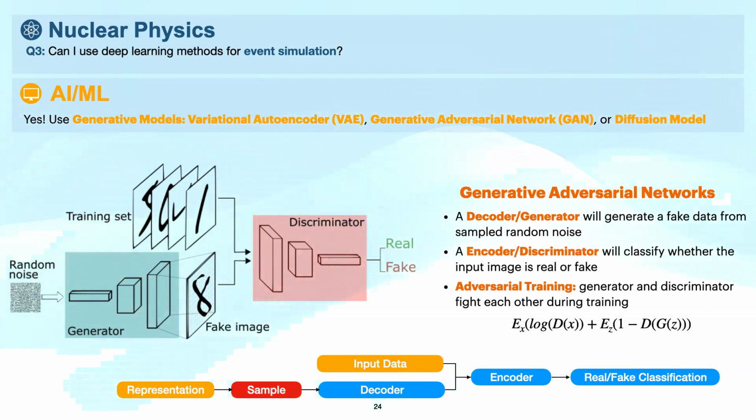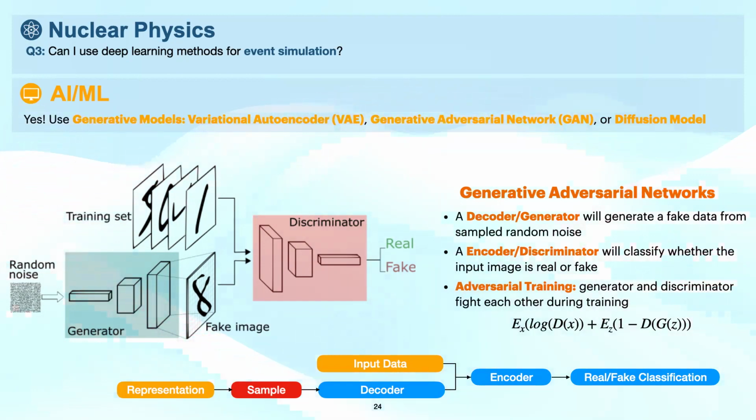While your generator network's goal is to fool your discriminator network, to generate images that cannot be discriminated by your discriminator network. So these two models will fight each other during training, and they will eventually reach some kind of convergence where the generated image is no longer distinguishable by the discriminator that we built. So this is the idea of how we train a generative adversarial network.